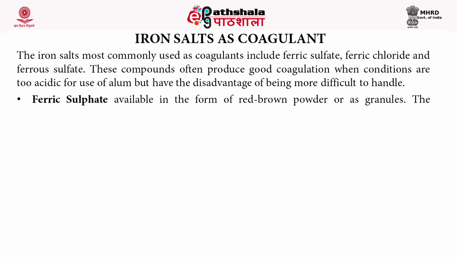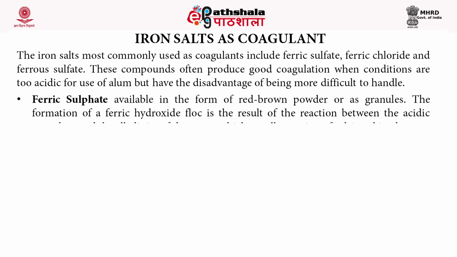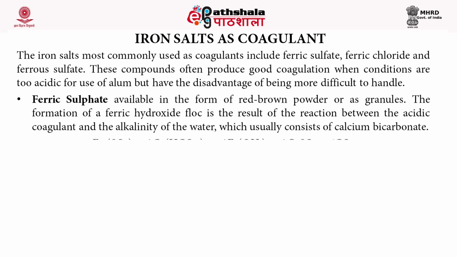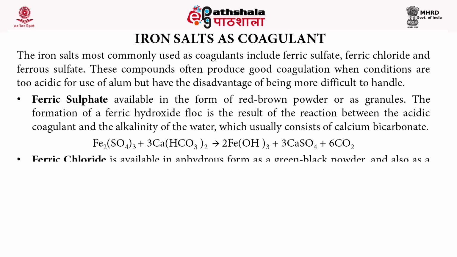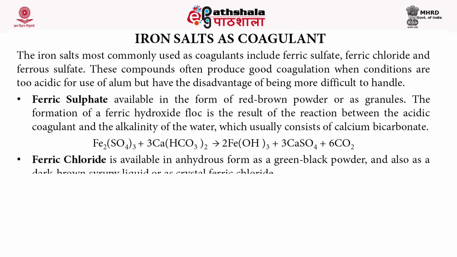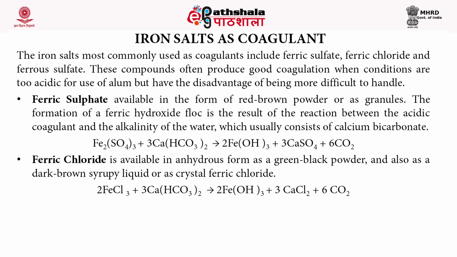Ferric sulfate is available in the form of red-brown powder, and forms ferric hydroxide floc as a result of reaction between the acidic coagulant and the alkalinity of water present as calcium bicarbonate. Similarly, ferric chloride, which is available as green-black powder and also as a dark brown syrupy liquid, or as crystals of ferric chloride, also forms the hydroxides of ferric ions.